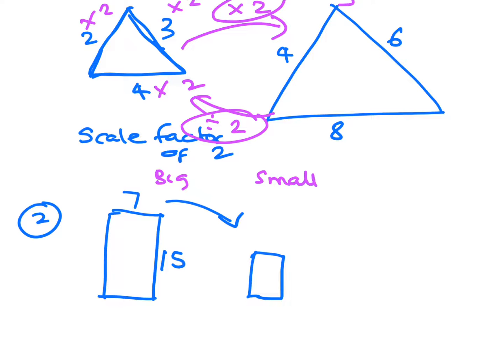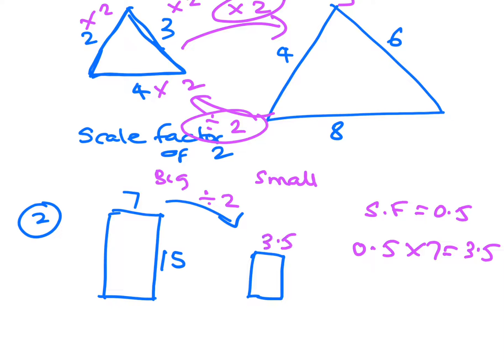So if it's going to be a scale factor of 0.5, it's going to be half of the size, like half of 7, which is 3.5. That's the same as dividing by 2. So if you divide it by 2, you get 3.5. If you get 15 and you divide by 2, you get 7.5. So therefore it shrinks and it gets smaller.